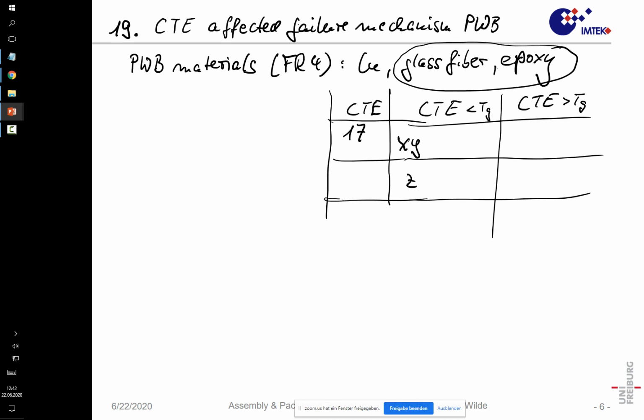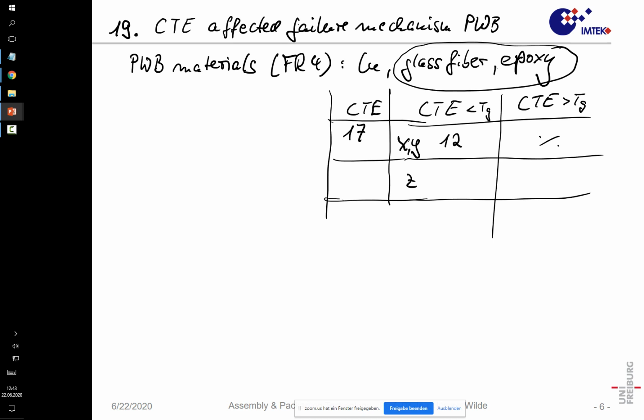So now, also printed wiring boards have a glass transition. And typically, below Tg, it could be a typical value of 12, yeah? In XY direction. The CTE above Tg in plane is not defined because that will also not increase, because the fibers contract again, because the material is so soft.